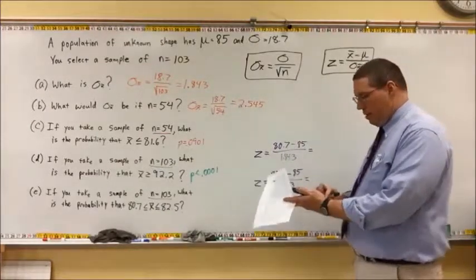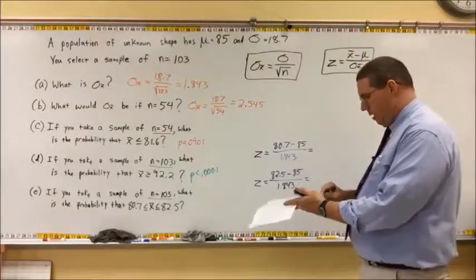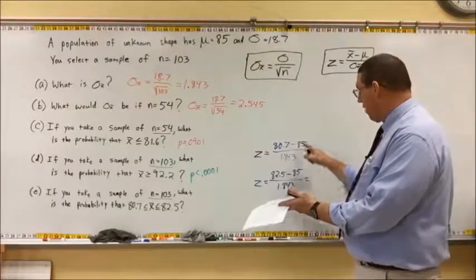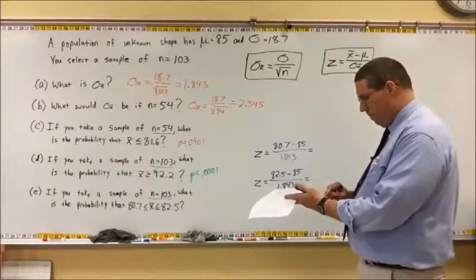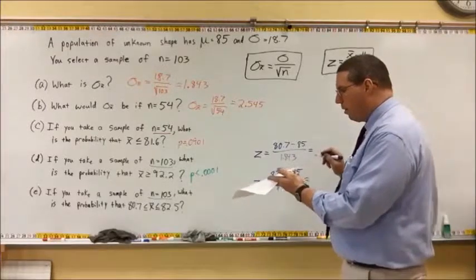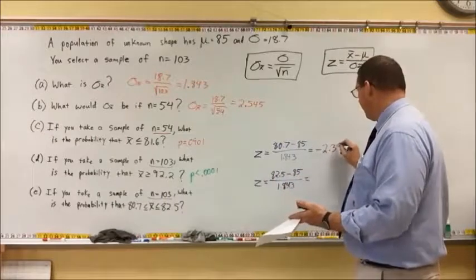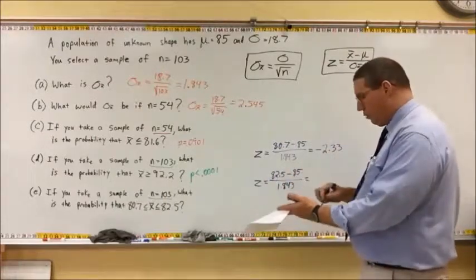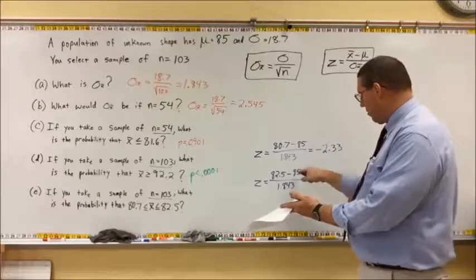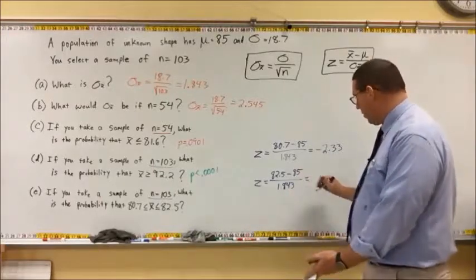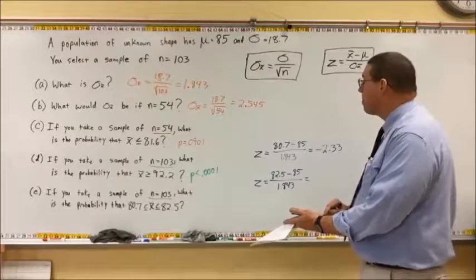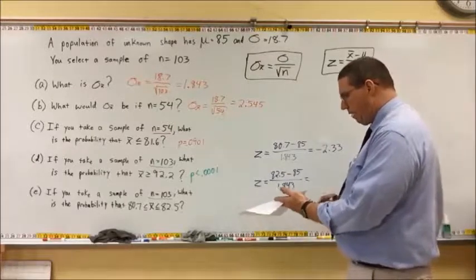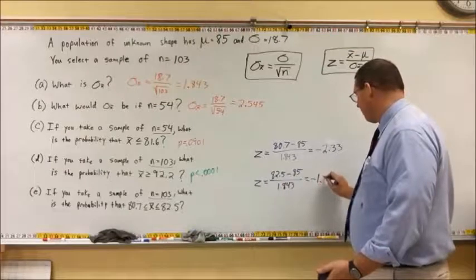So we're going to go 80.7 minus 85 gives us negative 4.3, divided by 1.843. And that gives us negative 2.33. Then we're going to do this one, 82.5 minus 85. That's going to give us negative 2.5, divided by 1.843. And that gives us negative 1.36.